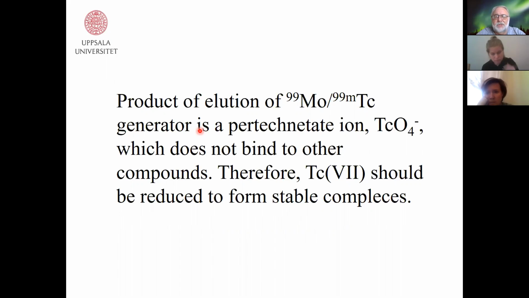But generally speaking, pertechnetate ion is inert, does not interact with organic molecules, so you have to reduce it.